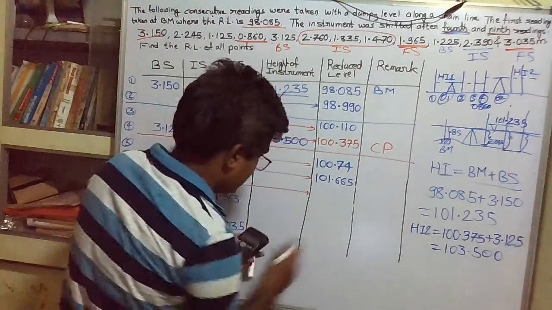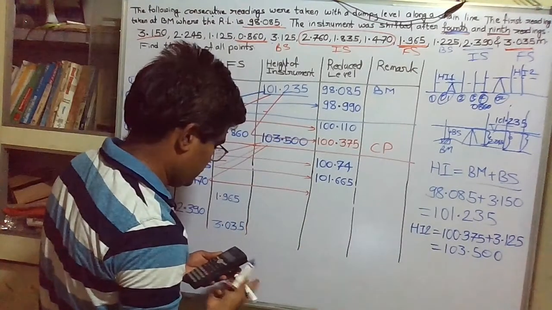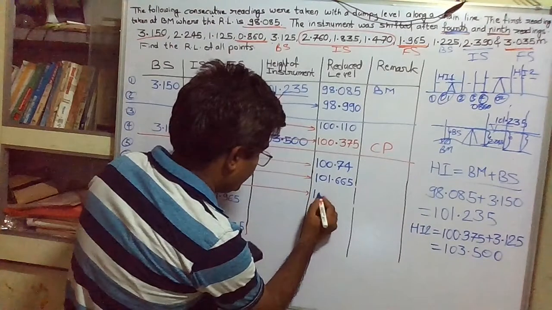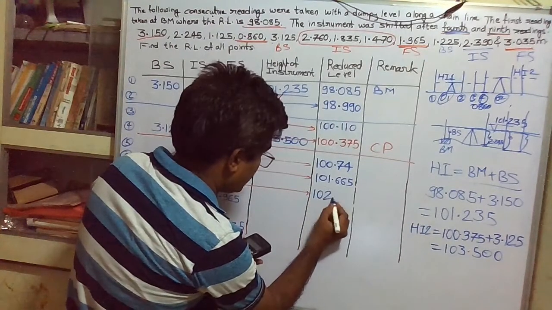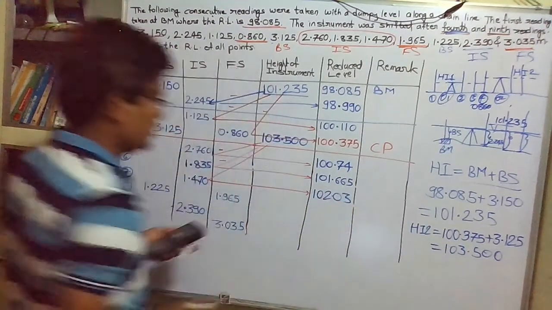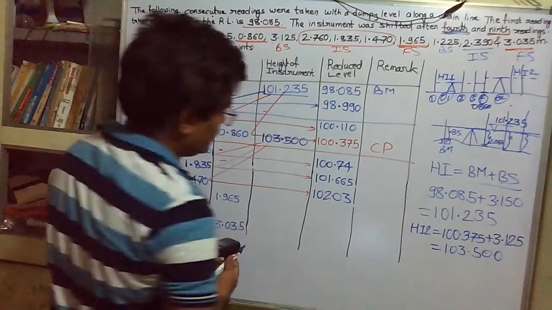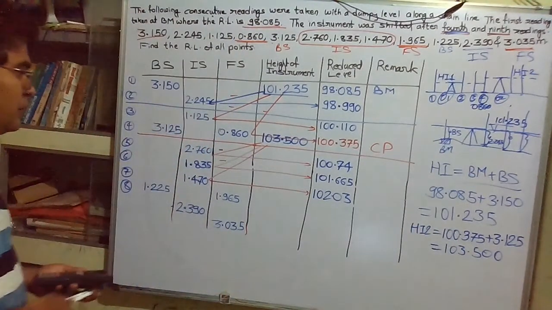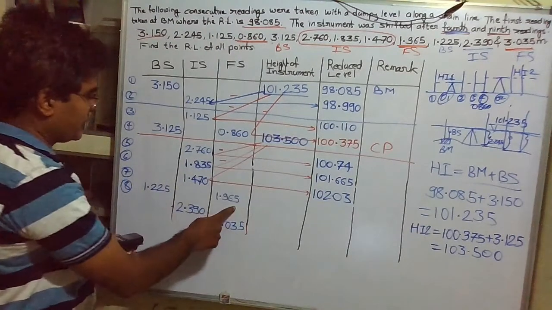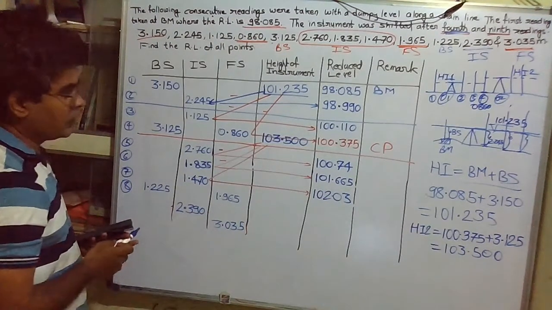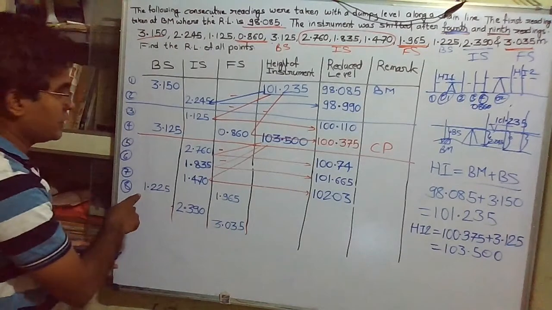It comes to be 102.030. Then for the next point, how do we find out the RL of point 8?